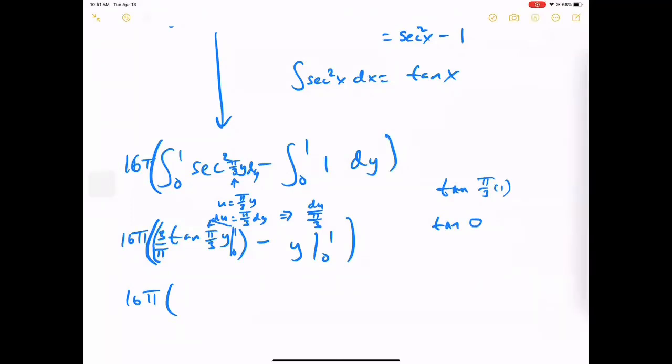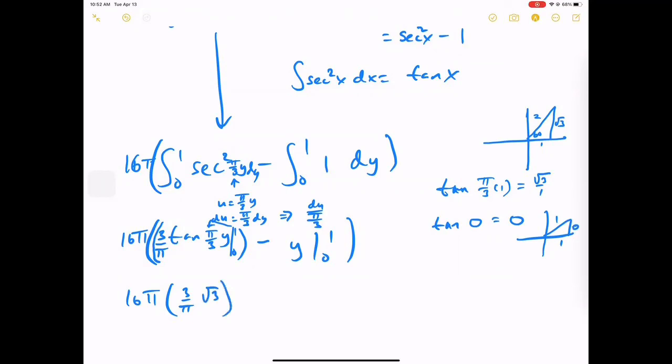If you remember the unit circle, pi over 3 is 60 degrees. 1, 2, square root of 3. The tangent is square root of 3 over 1. In a 0 degree triangle, tangent is 0. So we're left with 3 over pi, the tangent of 1 is square root of 3, and then in the back, minus 1.